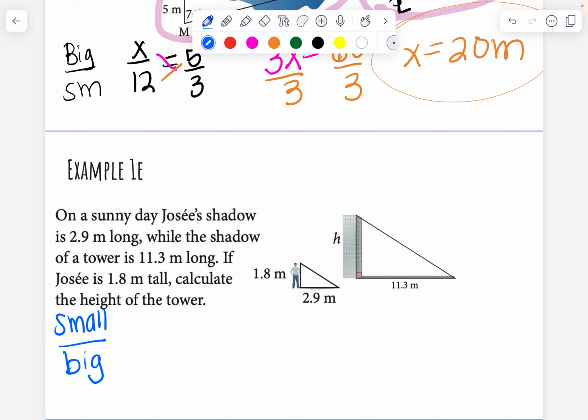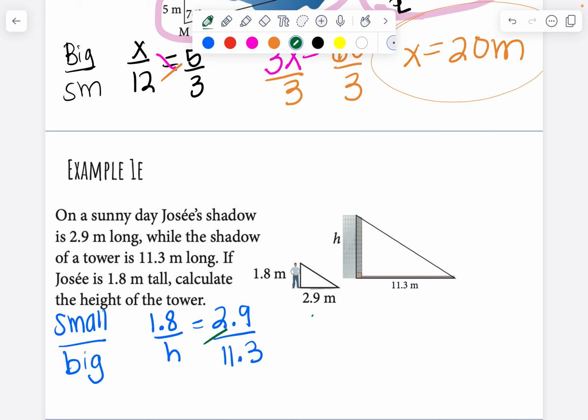Maybe you've noticed this: I always just do whichever triangle's on the left, I put on top. Whatever triangle's on the right, I put on the bottom, but it really doesn't matter. So solving this, 1.8 over h equals 2.9 over 11.3.